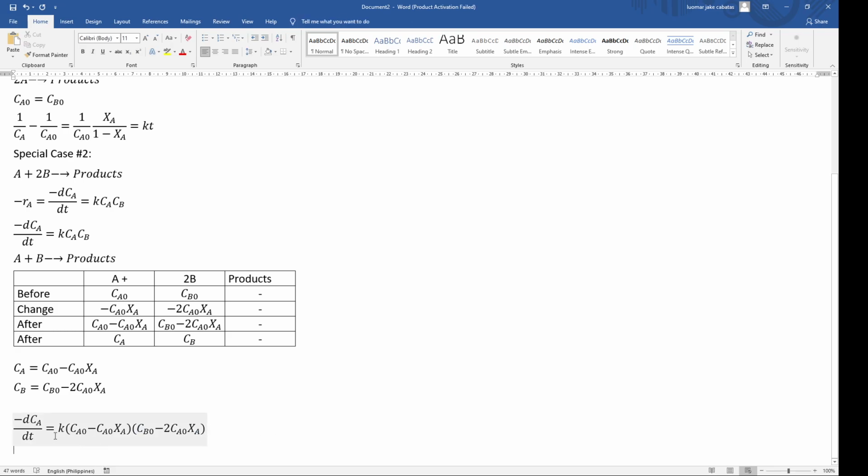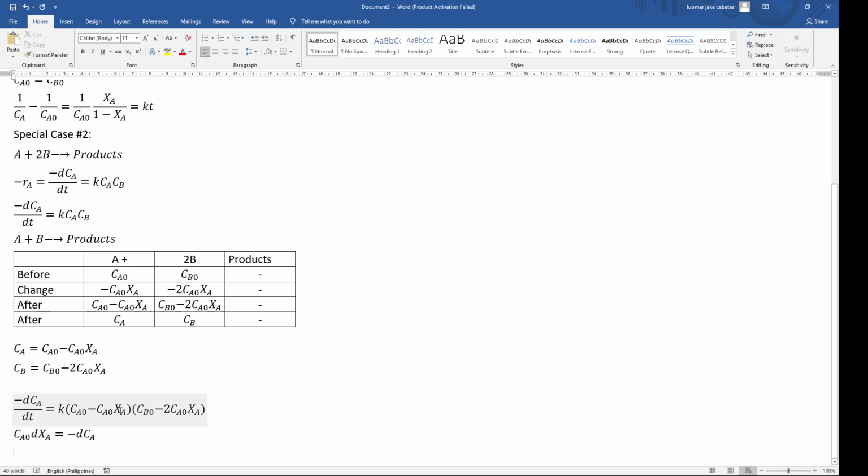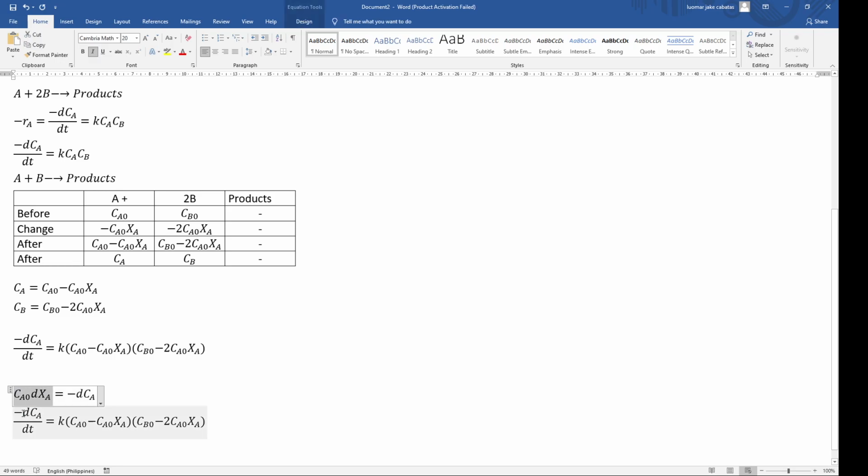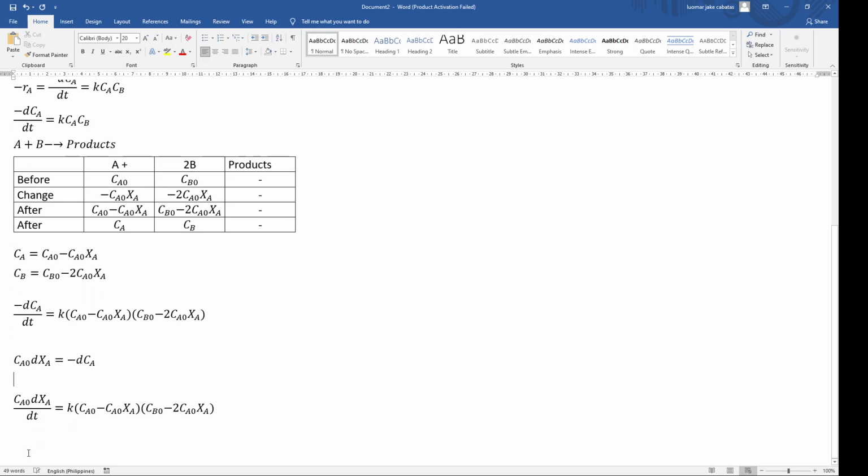Then same gyapon, since we still have 3 unknowns, CA, XA, and dt, we need to find a relationship. And then as we all know, we have this relationship CAO dXA. So substitute it here. So we now have this working equation.